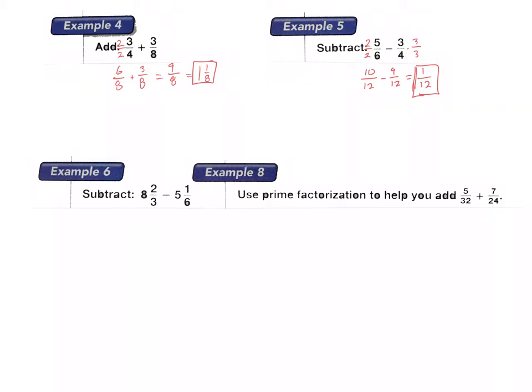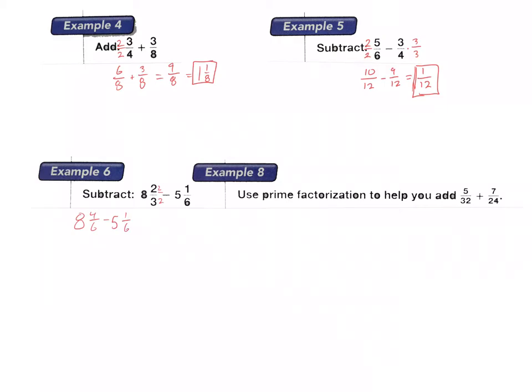Example 6 says subtract these two. I need those fraction parts to be the same, or at least the denominator part of it. So what I'm going to do is multiply this one by 2 over 2, because I realize that the least common multiple of 3 and 6 is 6. So this is going to give me 8 and 4/6 minus 5 and 1/6.